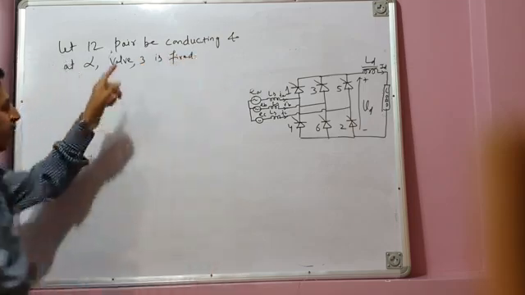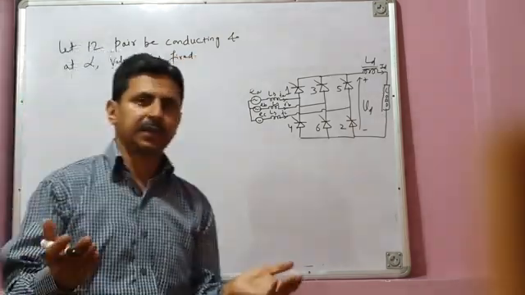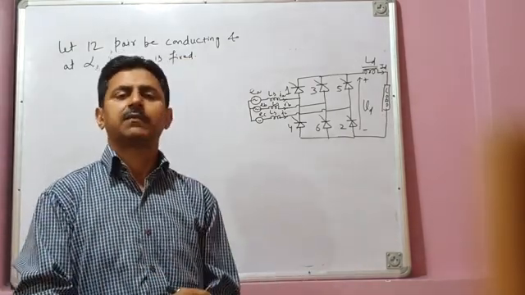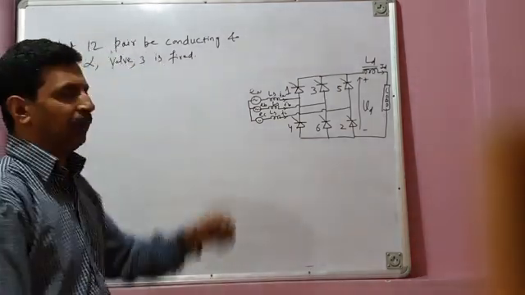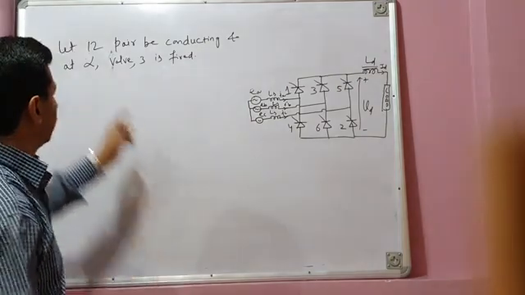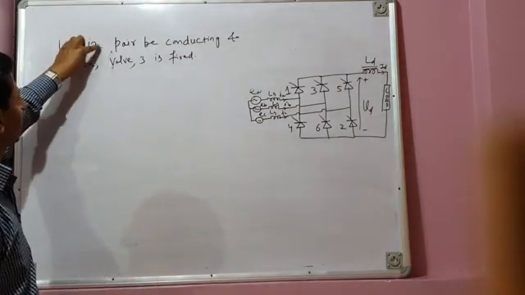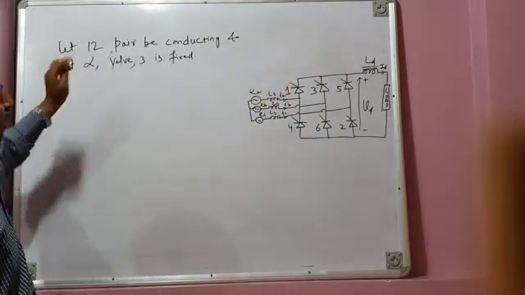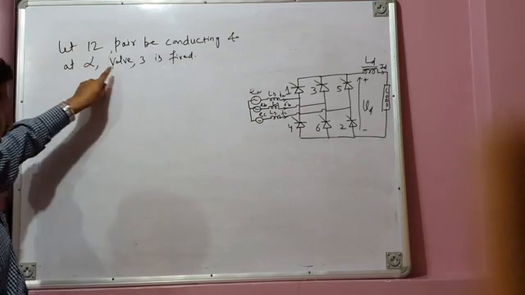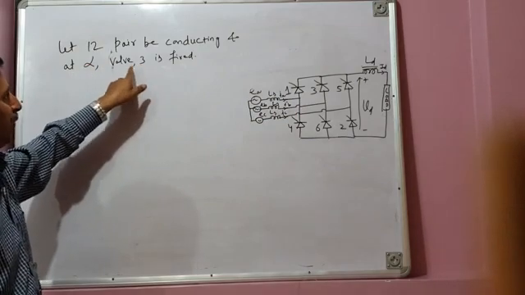We will start with the firing of valve 3. You can start with the firing of valve 1, or somebody may start with the firing of valve 2. It's your choice. I am starting with the firing of valve 3. Before valve 3, there was 2 valve conduction, the 1-2 pair was conducting. I assume that after alpha electrical degrees, a firing pulse is issued to valve 3, so valve 3 is fired.